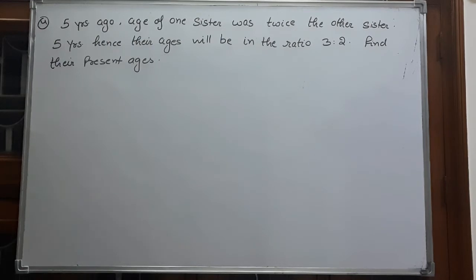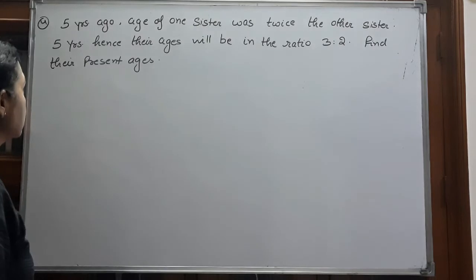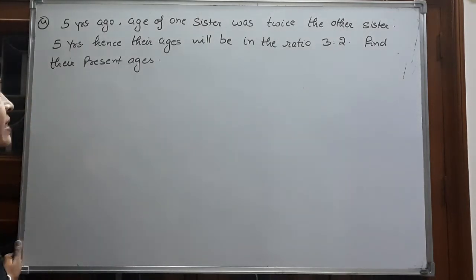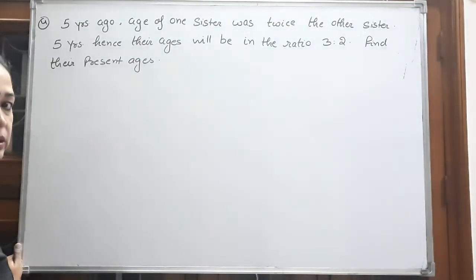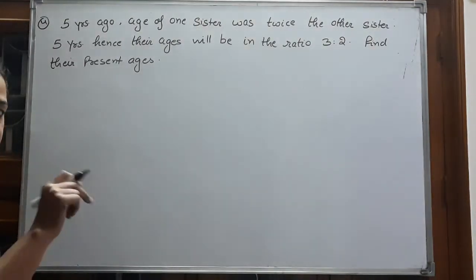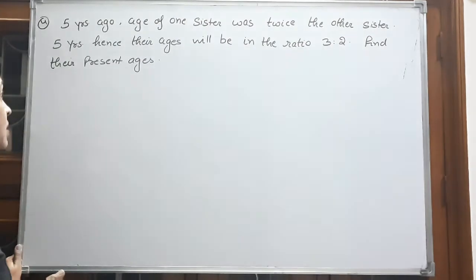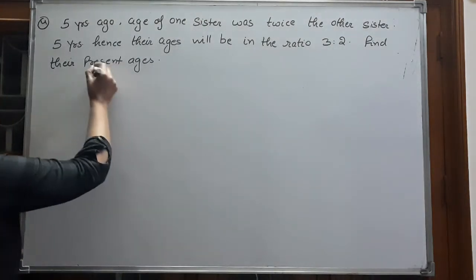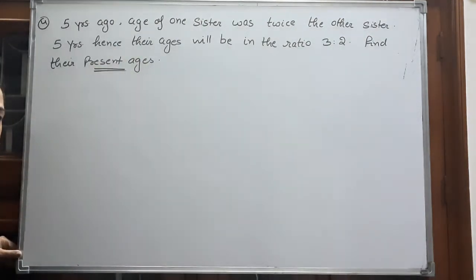Five years ago, the age of one sister was twice the other sister. 5 years hence, their ages will be in the ratio 3:2. Find their present ages. We have to find the present ages of the two sisters. What do we have to find? Present ages.